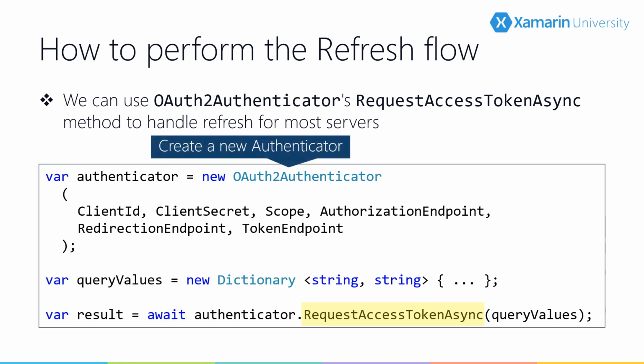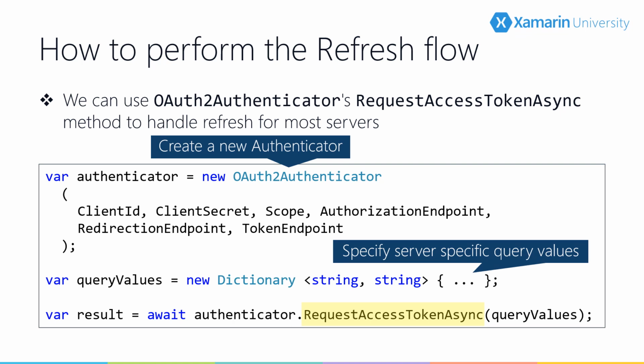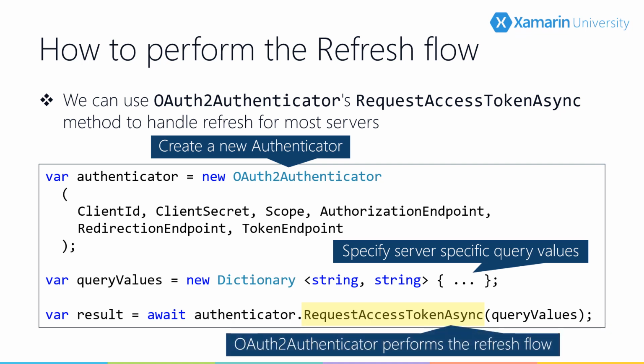So, instantiate a new OAuth2 Authenticator instance, create a dictionary of strings to hold the server-specific query values needed for refresh, and then to start the refresh flow, call refresh access token async. Remember, the account object that you obtained when the user first authenticated holds the refresh token. And again, most servers don't issue new refresh tokens, so you'll need to store this for future refresh flows.